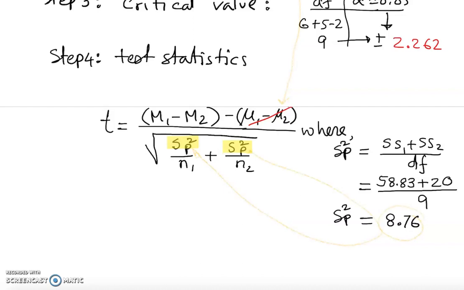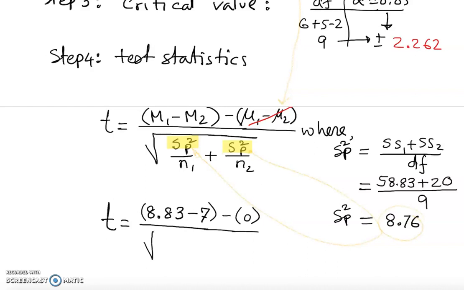Okay, so everything else is given now. Everything else is given, so all we do is substitute. So t is equal to, mean 1 is given as 8.83, minus sample mean 2 is given as 7, minus, we assume this is going to be 0, over square root of 8.76 over n1.